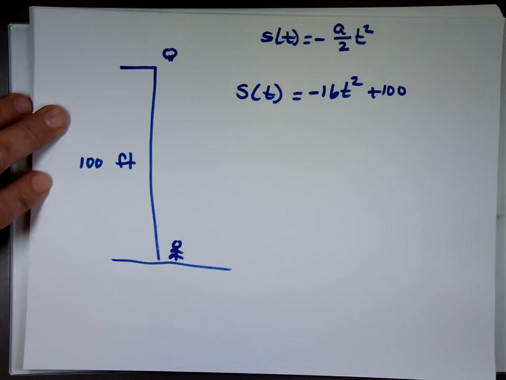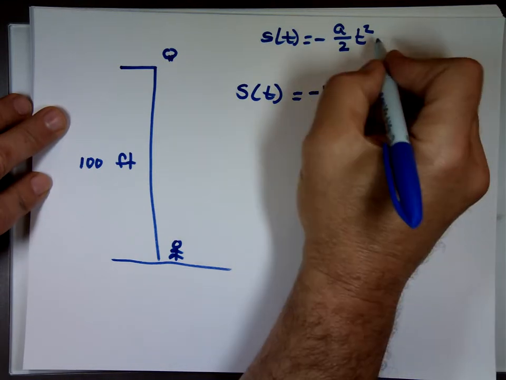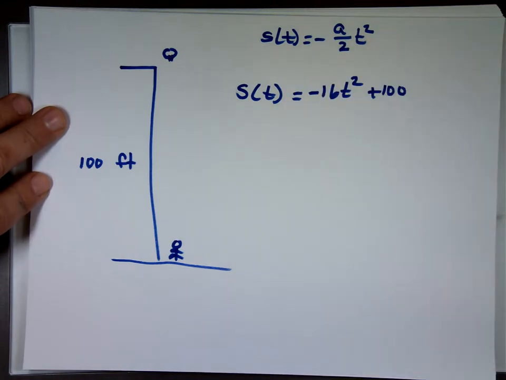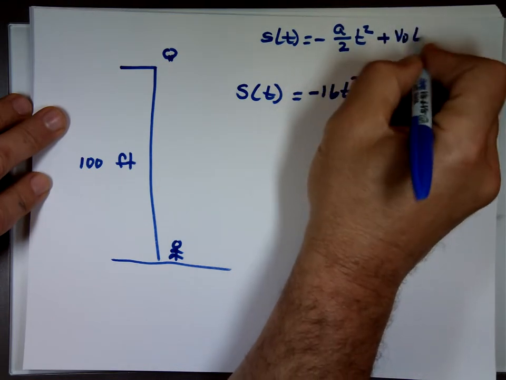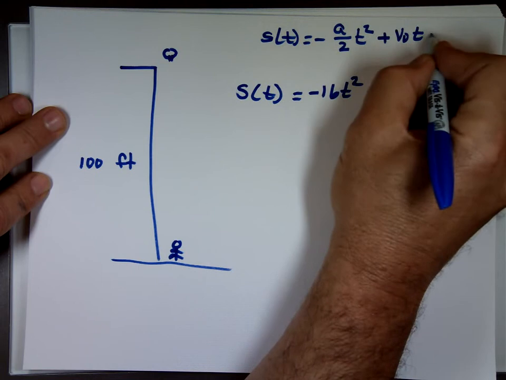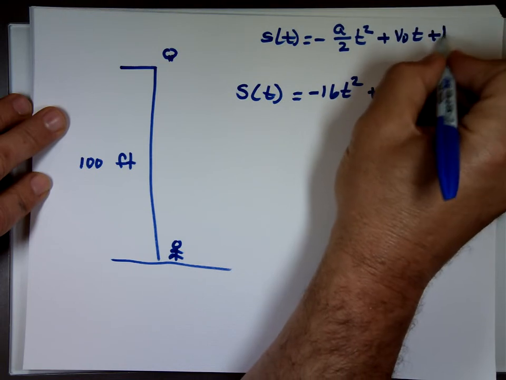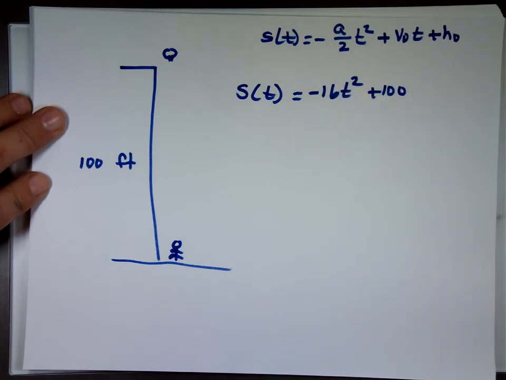Negative because gravity is pulling down. If you throw it down, the velocity is negative. If you throw it up, the velocity is positive, but there'll be plus v0t, initial velocity times the time, plus the initial height. O for initial, we always use in physics. But that's where the equation came from.